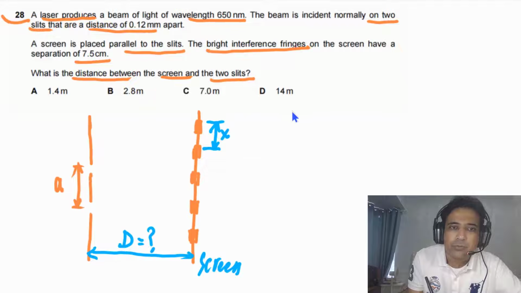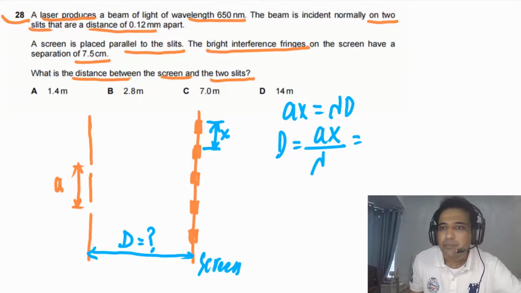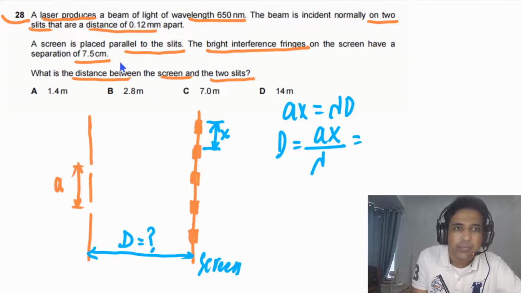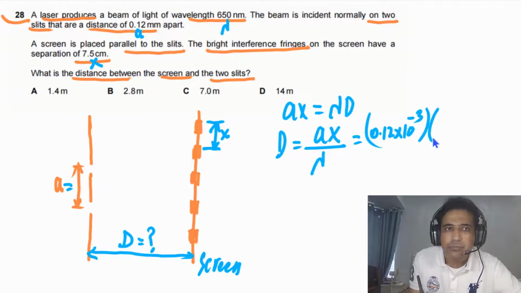For double slit, we need to understand AX is equal to lambda times D. So D we need to find out, and D has to be equal to AX divided by lambda. We have the value of A, the slit separation, given to us, and X, and lambda. A is 0.12 times 10 to the minus 3, because this is in millimeters.